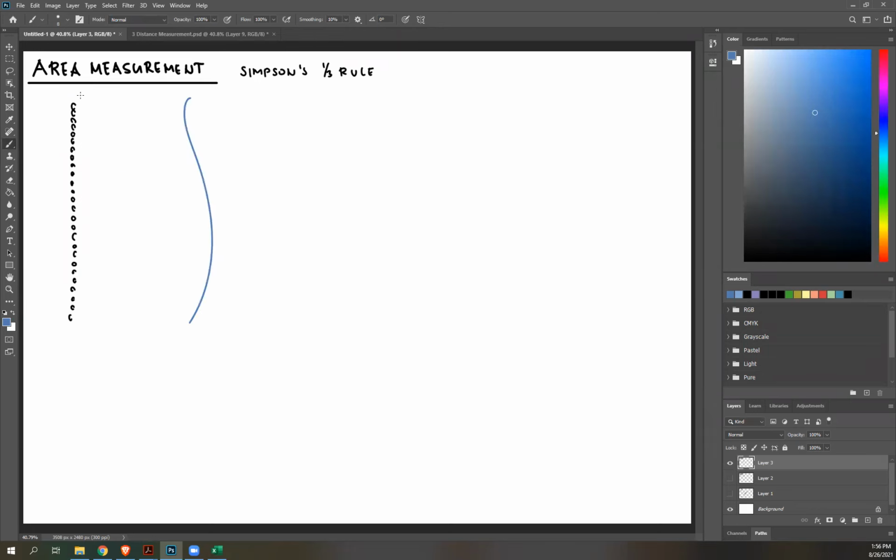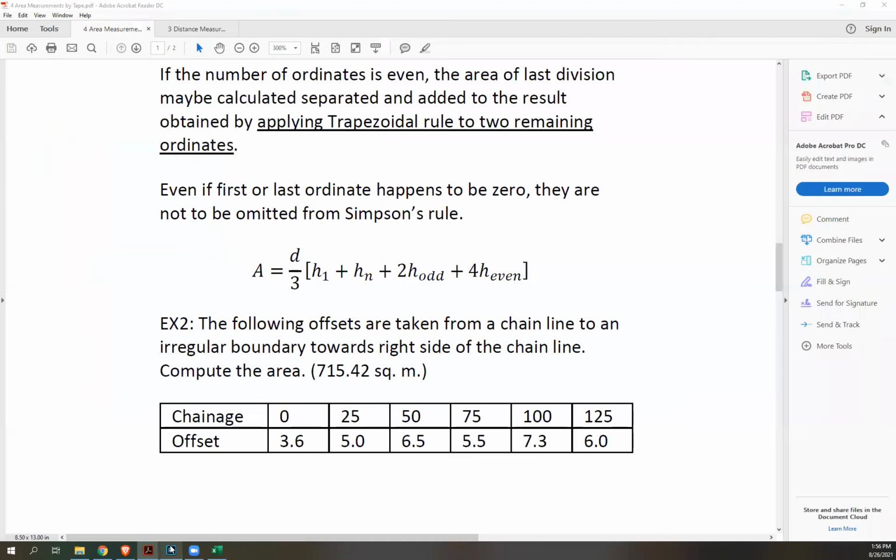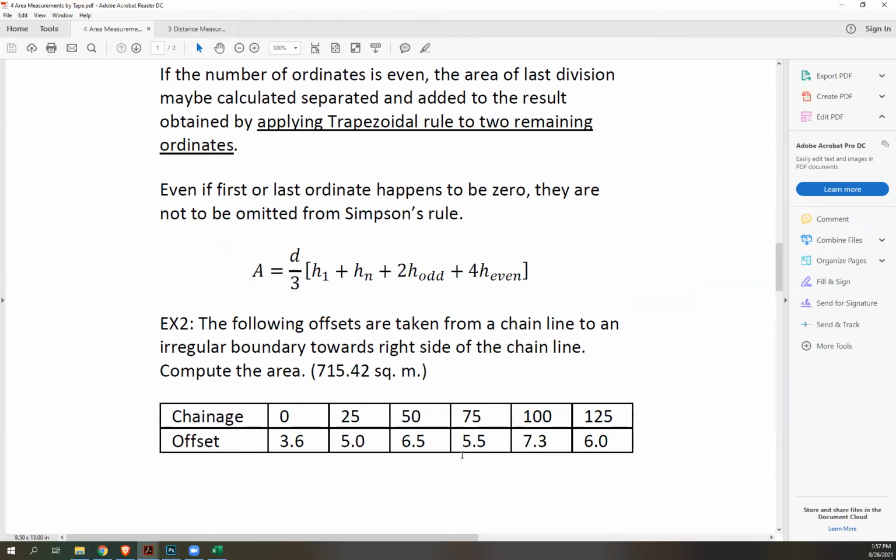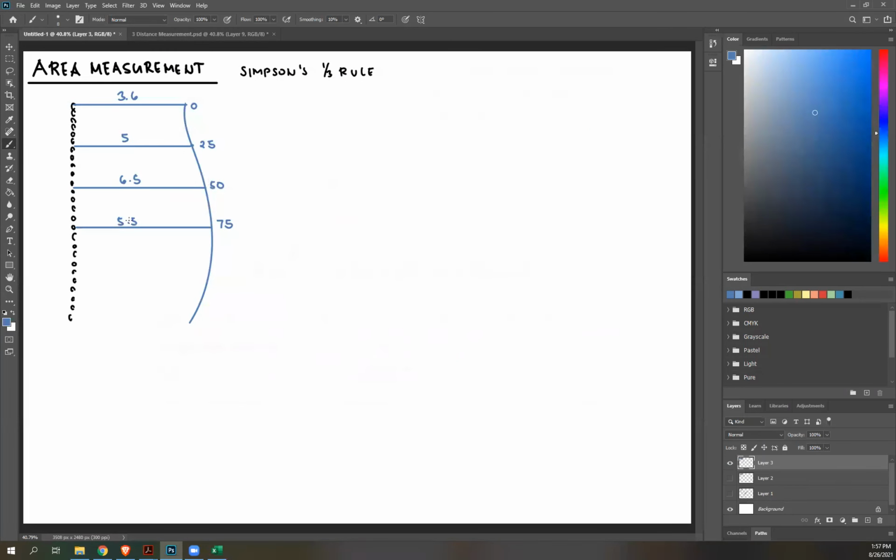So the first offset is at your 0 mark, and its height is 3.6. Here at your second mark, after 25 meters, the height is 5. Then at 50, it's 6.5. At 75, after another 25, it's 5.5.